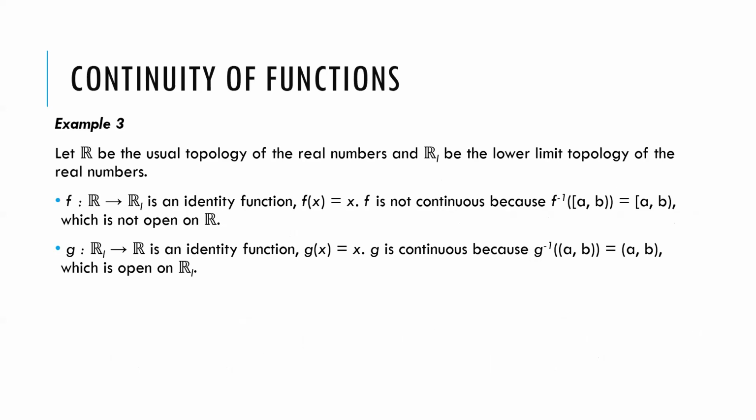So if R is the usual topology of the real numbers and RL is the lower limit topology of the real numbers, we can recall that the lower limit topology is defined by a basis containing all semi-closed sets of the type [a, b), where a is smaller than b.